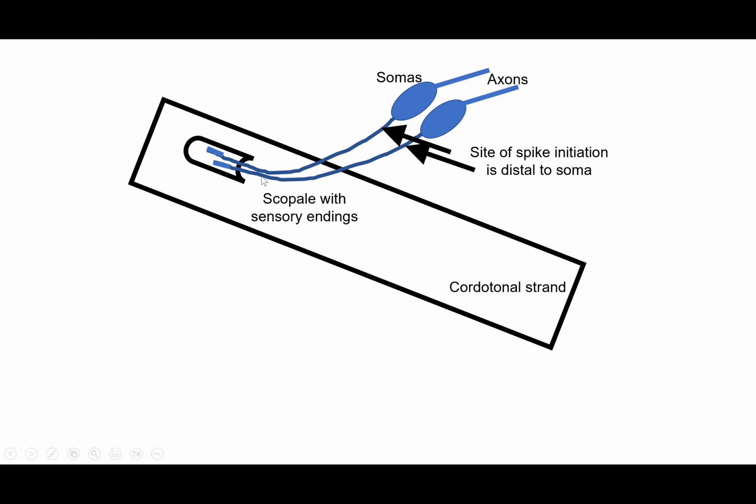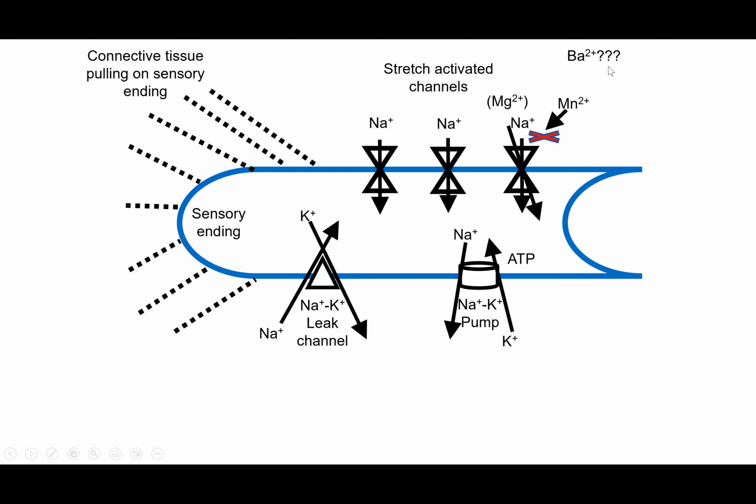Instead of having this little cap over the muscle fibers, these free endings just go into the muscle fiber. But it's the same idea. You're opening up stretch-activated ion channels in the endings. When you stretch the muscle, sodium goes in, depolarizes it. If it gets to a threshold, then boom, it fires an action potential that travels down the axon.